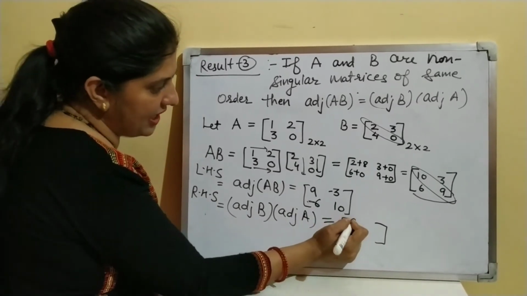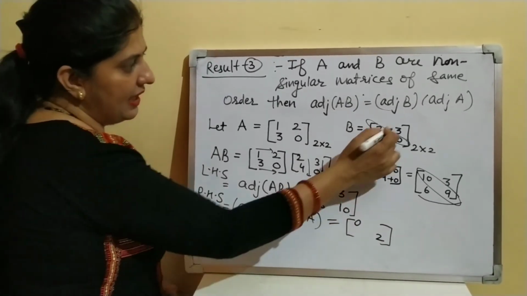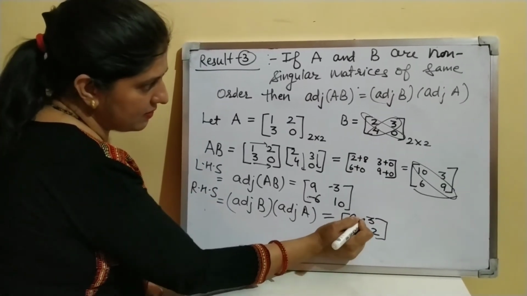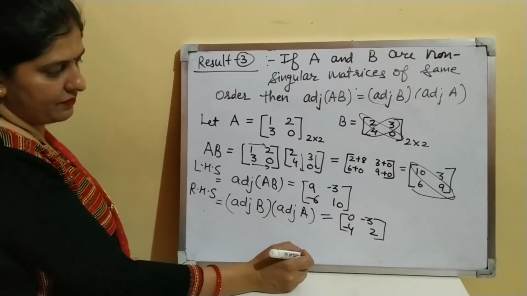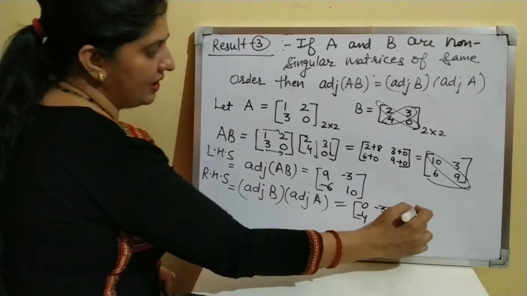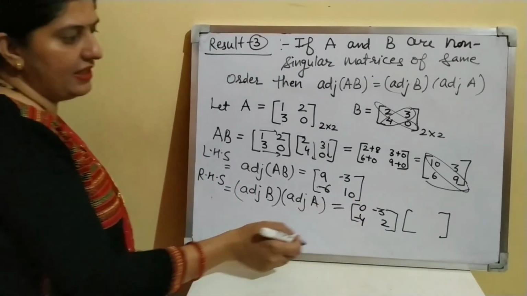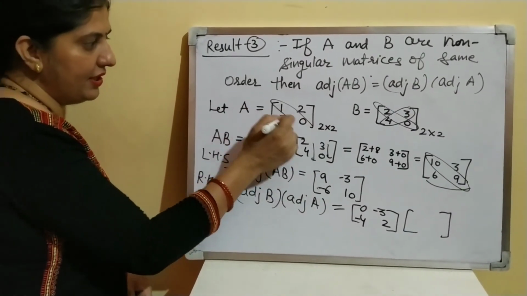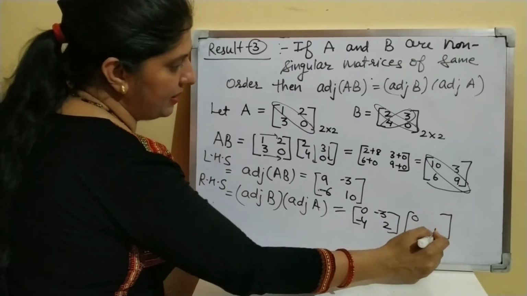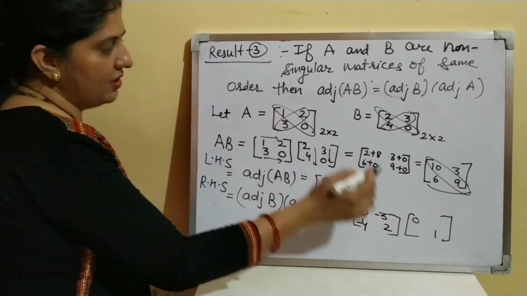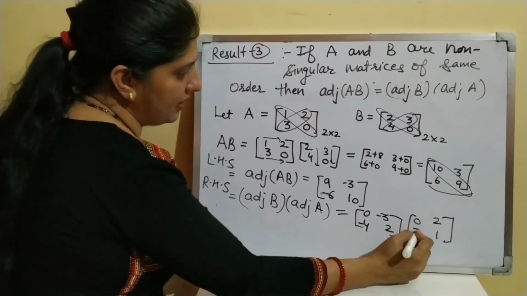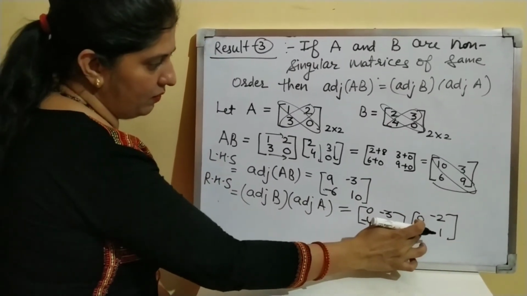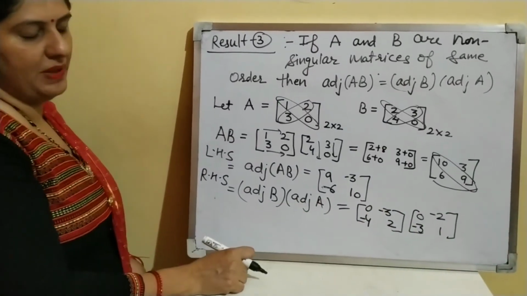Just interchange the diagonal elements and change the sign of the non-diagonal elements. Similarly, calculate the adjoint of matrix A. Matrix A is this one. Interchange the diagonal elements, change the sign of the non-diagonal elements, -2, -3. Now multiply these two matrices.